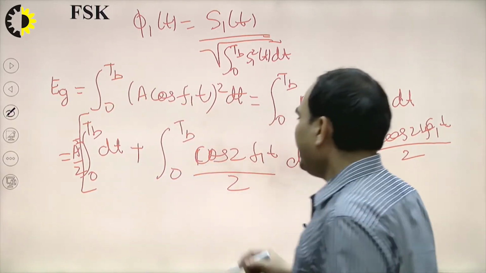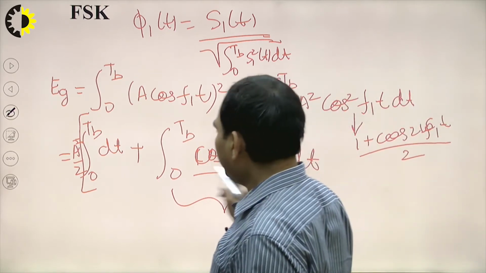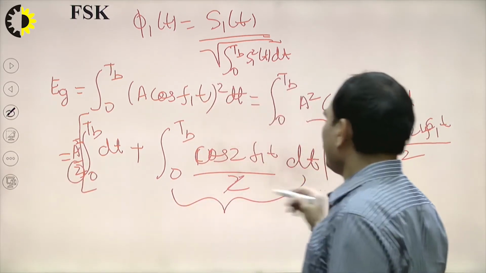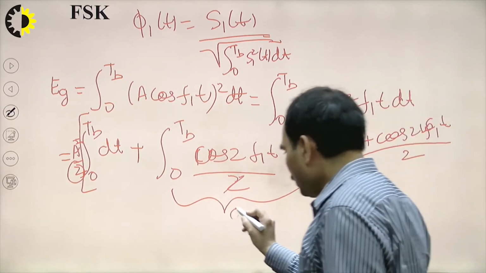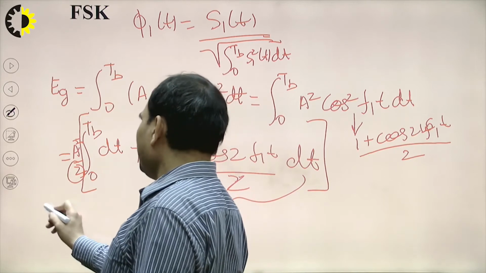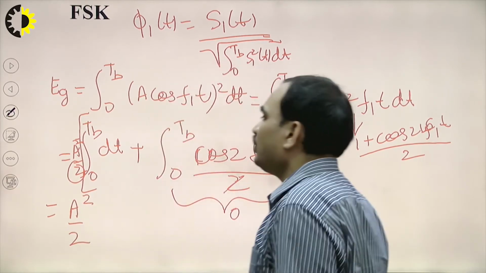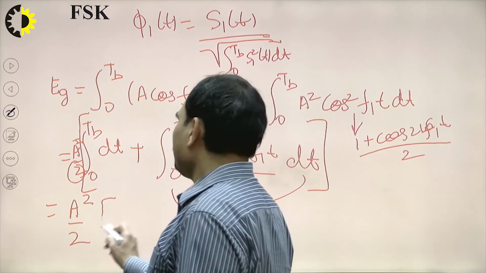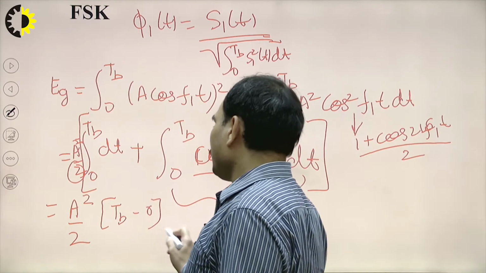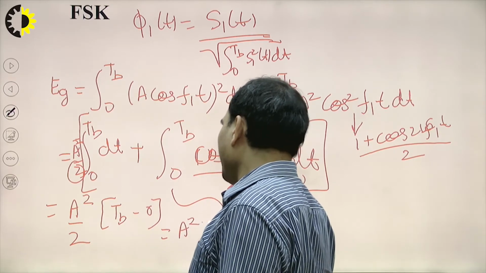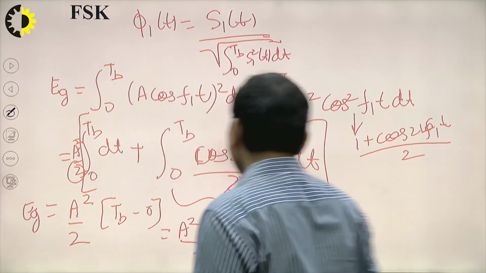Now for the entire cycle, this integration will be equal to 0. So what is left is the first term, A squared by 2, and the integration of dt will be t. Substituting the limits, upper limit minus lower limit, we get A squared Tb by 2. So we have the energy given by A squared Tb by 2.